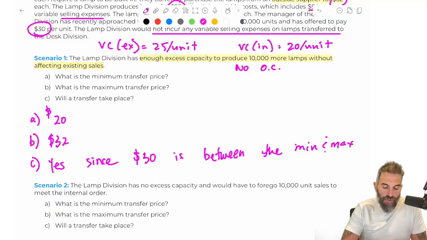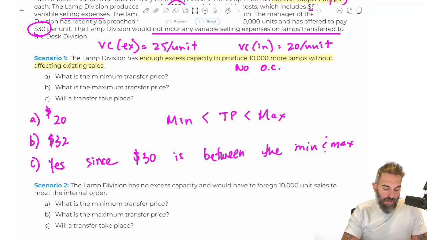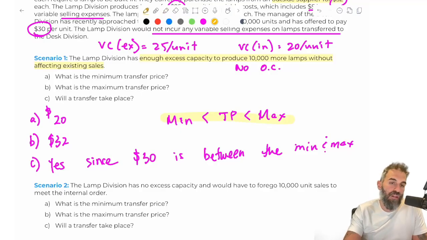You always want the transfer price, guys, to be greater than the minimum, but less than the maximum. So as long as the transfer price is greater than the minimum but less than the maximum, then a transfer is likely to happen, right?